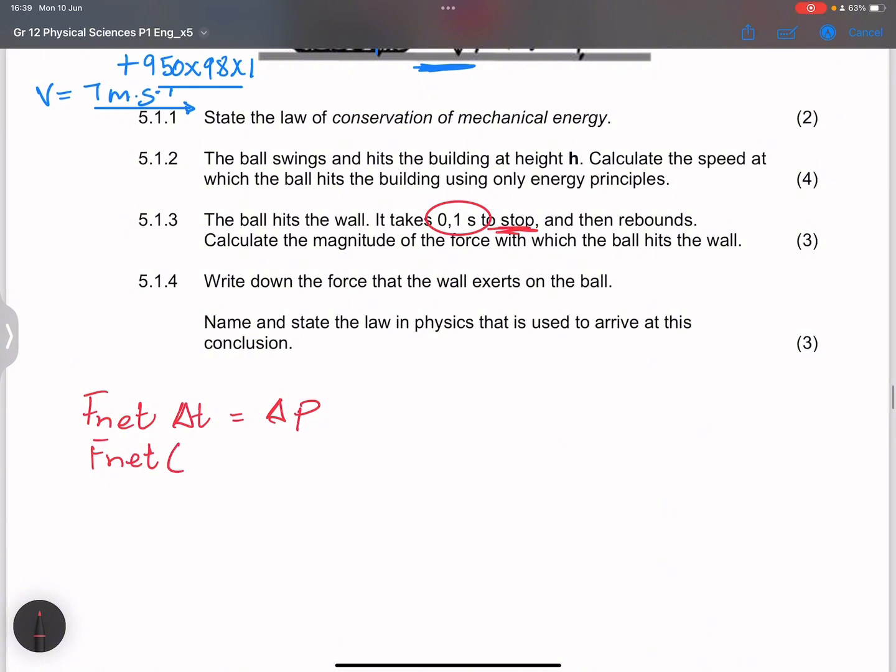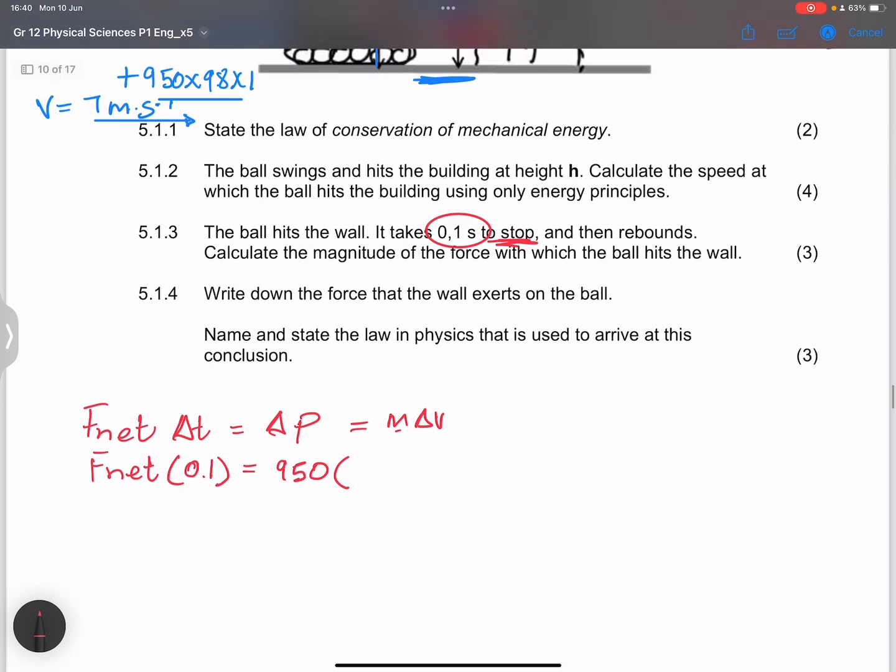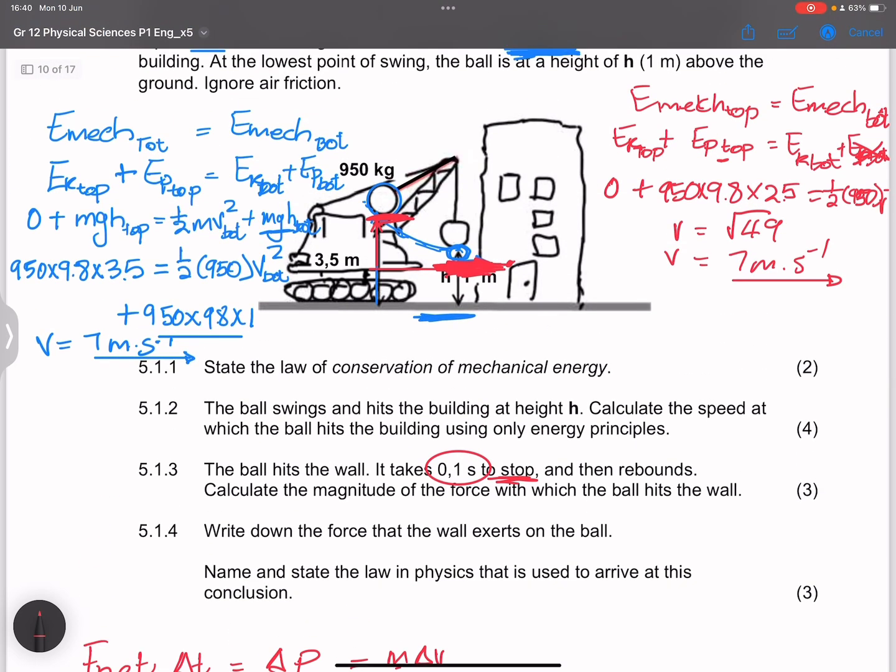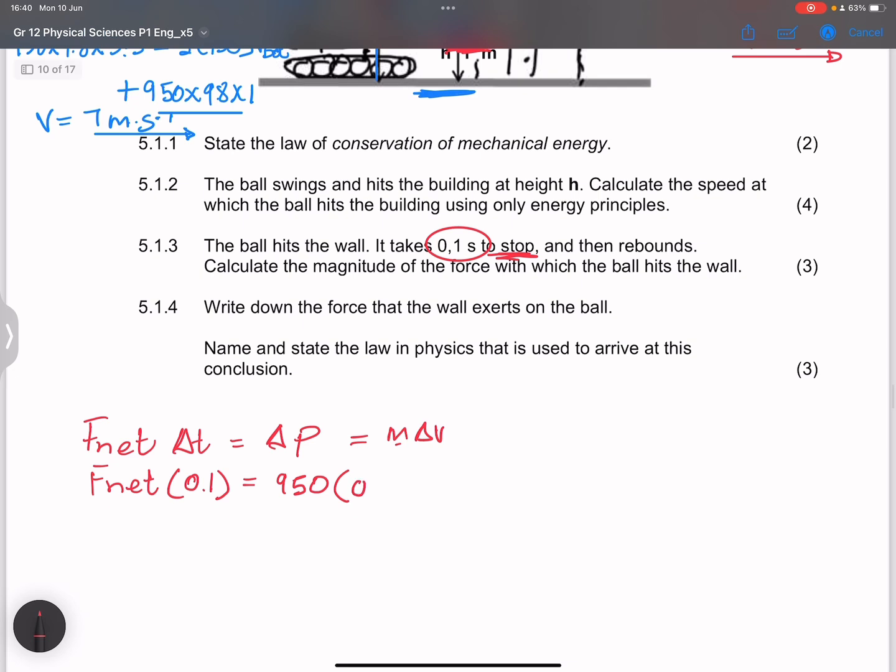The time that it took was 0.1 in collision with the wall. So this is going to be mass times the change in velocity. Note that the mass of the ball, we said this was 950. Now, change in velocity is final velocity minus initial. And what happened to the ball eventually? It stopped. So the final velocity is 0 minus the initial velocity, which was the 7 that we calculated.